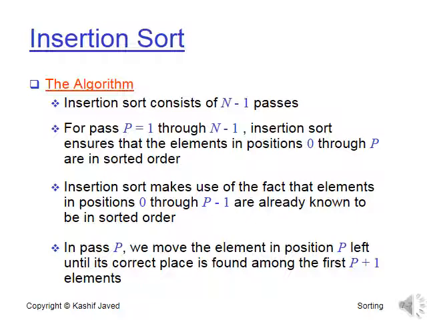Thirdly, insertion sort makes use of the fact that elements in position 0 through p minus 1 are already known to be in sorted order. In pass p, we move the element in position p left until its correct place is found among the first p plus 1 elements.